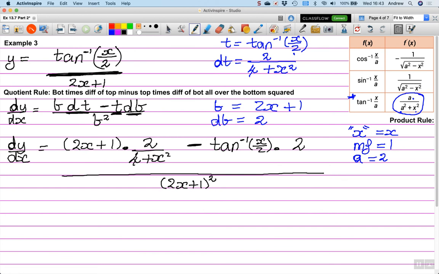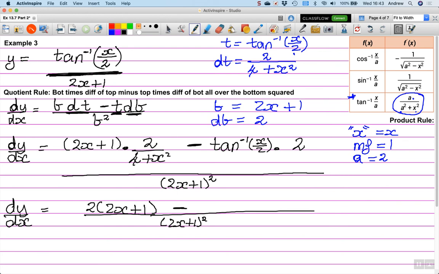So possibly one tidy up line. dy over dx is equal to 2 on 2x plus 1, all divided by (2x plus 1) squared, minus, now be careful, a silly mistake is people go 2 times x over 2 and cancel out the 2's, which would be wrong.